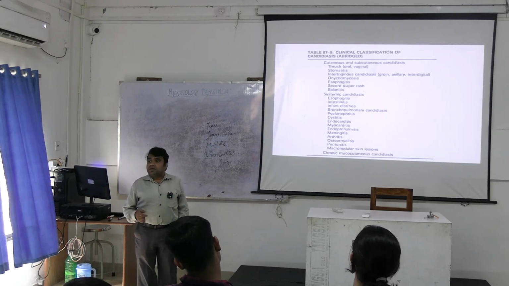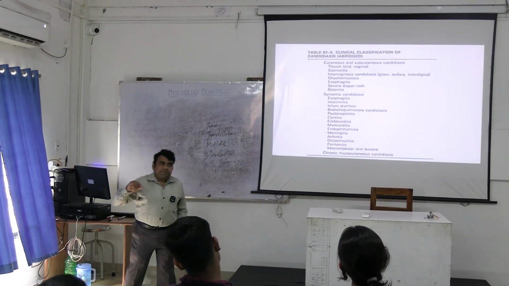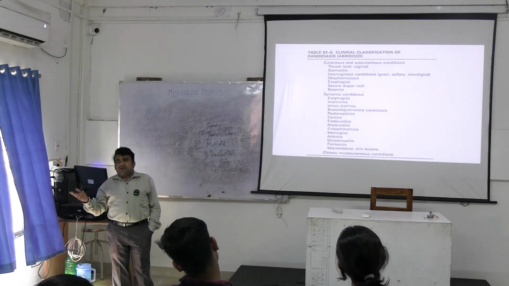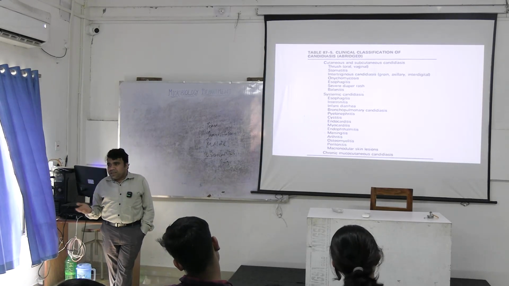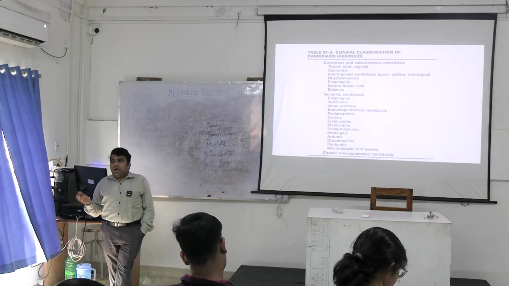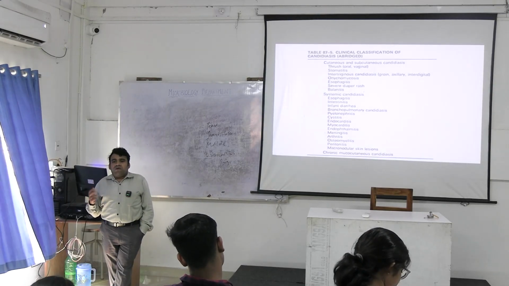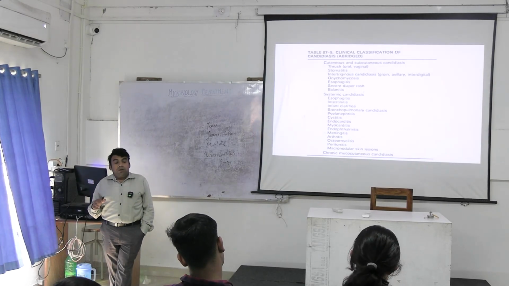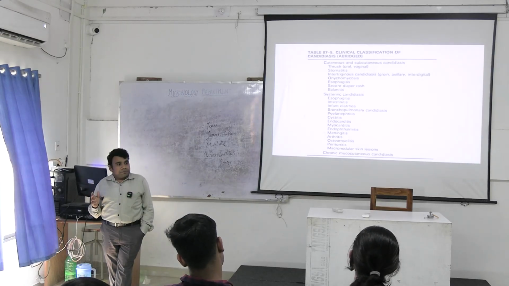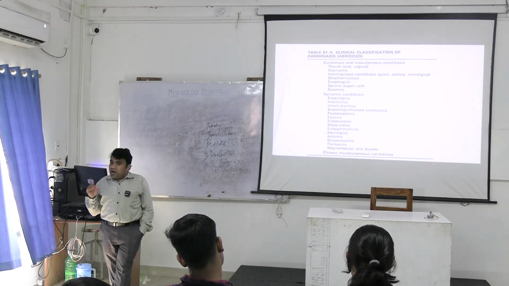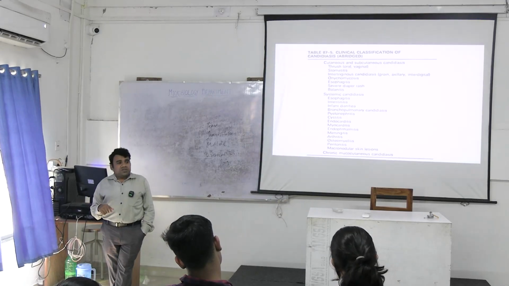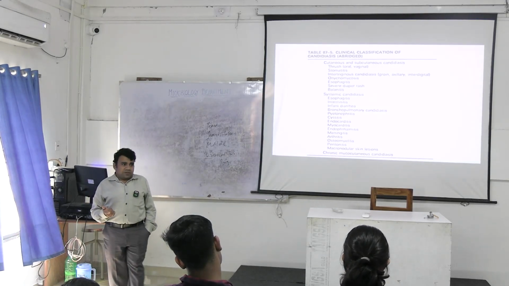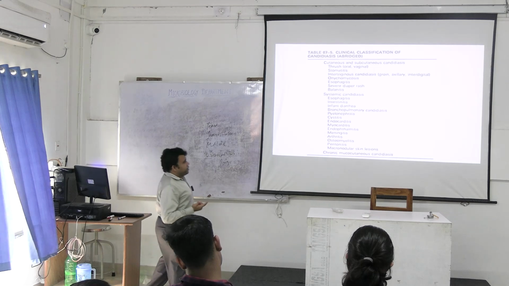In infants, suppose an infant is given broad spectrum antibiotics, what will happen? Most of the bacteria in the gut will die and the candida will start to overgrow, and this will lead to diarrhea. It's not a systemic disease, however, it's a potential dangerous disease because there is always a chance of systemic manifestation of the disease. This is also an infant diarrhea.